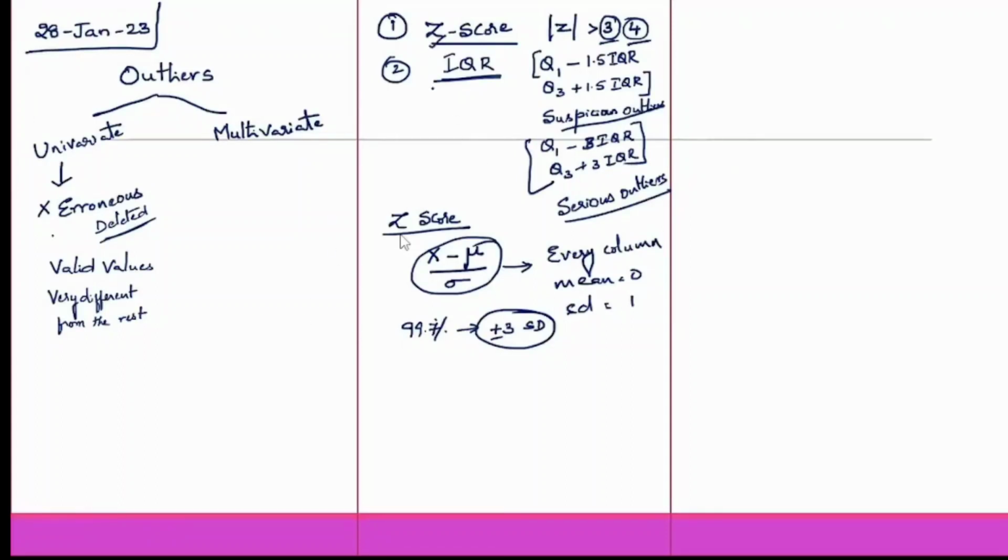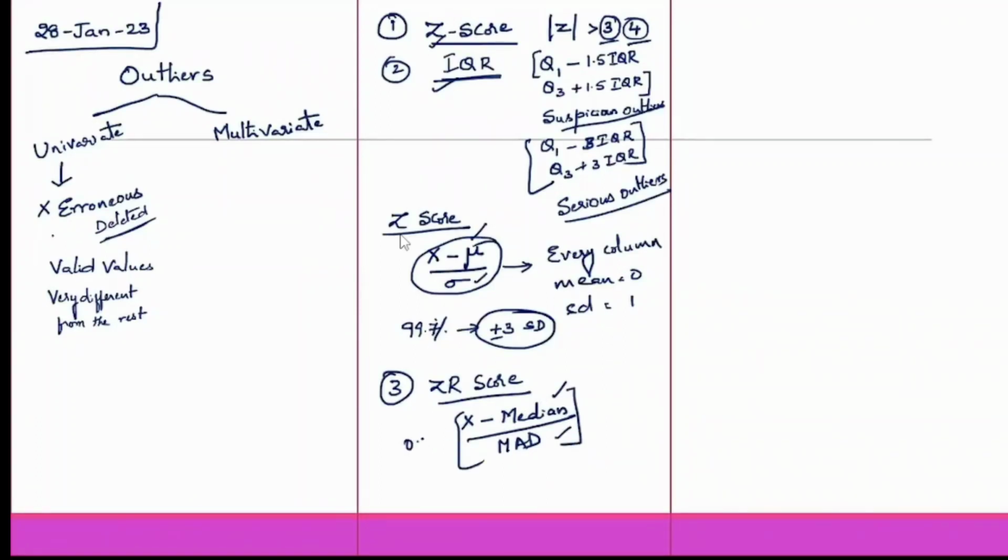So this is one approach. The second one is an interquartile range kind of approach. The third thing is a range-based Z score. Instead of the mean and standard deviation based Z score, we talk about a range-based Z score, where from every observation I subtract the median and divide by the mean absolute deviation. So instead of using the mean, I use the median, and instead of using the standard deviation, I use the mean absolute deviation.